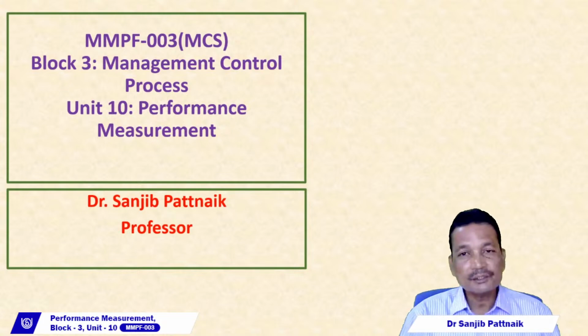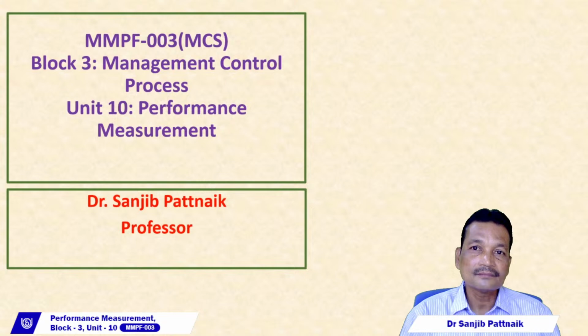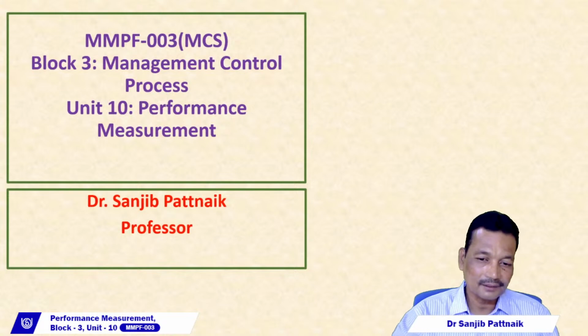The question we are trying to answer in this unit is, how shall we measure the performance? What does performance measurement mean to us? How shall we measure it? What does it try to convey to us when we measure it? These are the things that we shall be looking at in this unit under performance measurement.